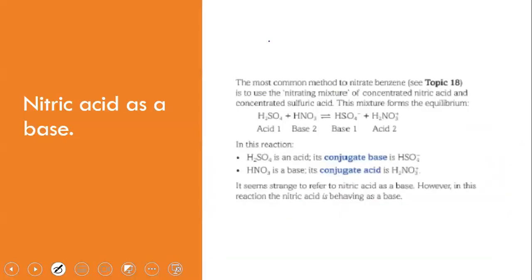Okay. Now, we have gone over our amphoteric substances. Now, what about nitric acid? Even though nitric acid is an acid, it can act as a base.